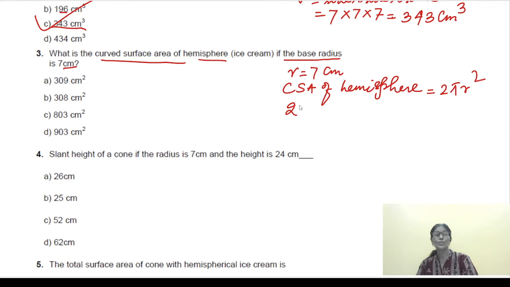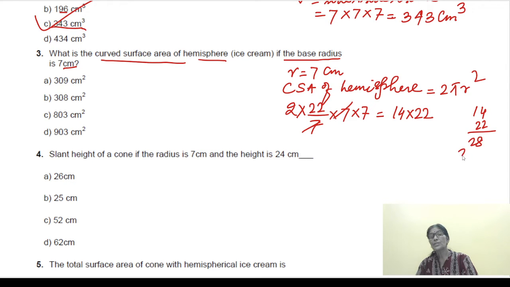So it will be 2 into 22 by 7 multiply 7 twice, 7, 7. 7 cancels, so 22 multiplies 14, that will be 308. So A is 309, B is 308. So B is the answer here. 308 centimeter square.